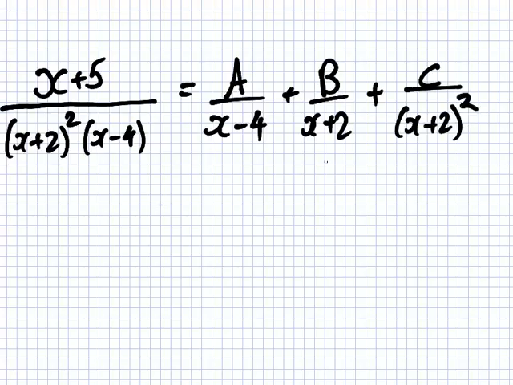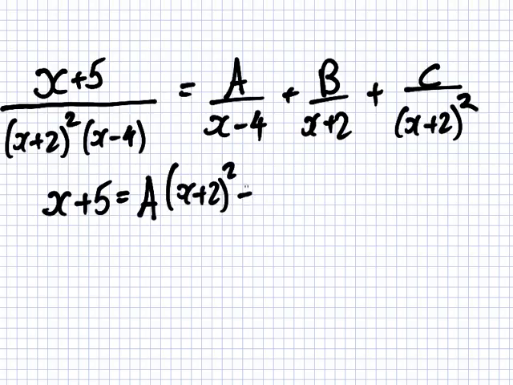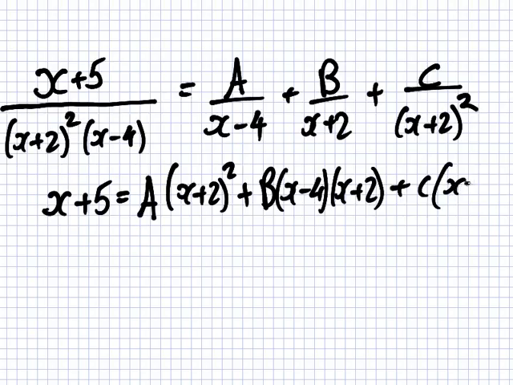When you multiply, you get x plus 5 equals A(x plus 2) squared plus B(x minus 4)(x plus 2) plus C(x minus 4).